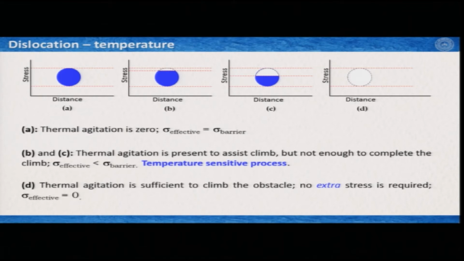So, in the first one, A, the thermal agitation is 0. Therefore, this is your sigma internal, and this one is your sigma barrier. So, you have to have your effective stress equal to the sigma barrier so that an individual dislocation can climb this blue obstacle.